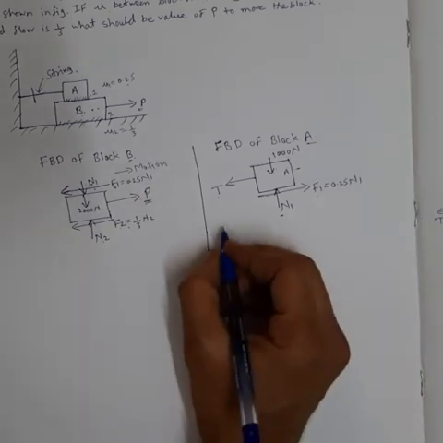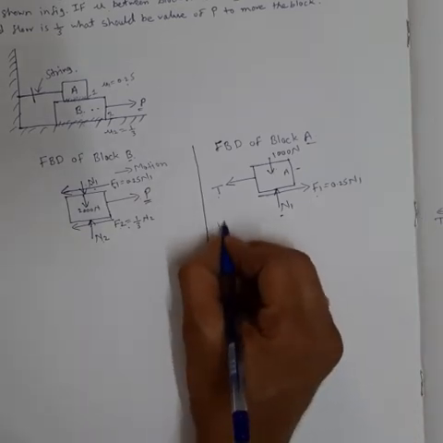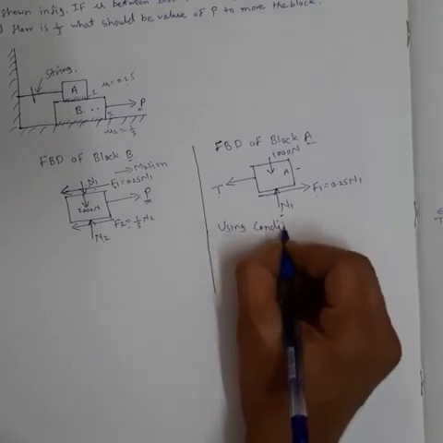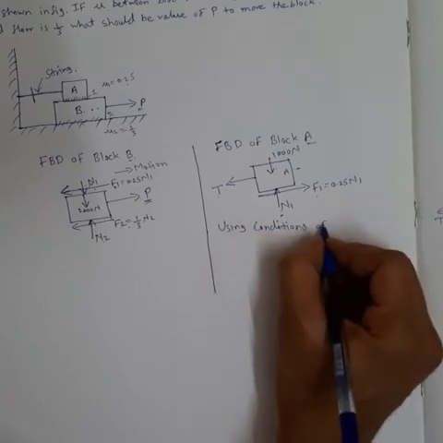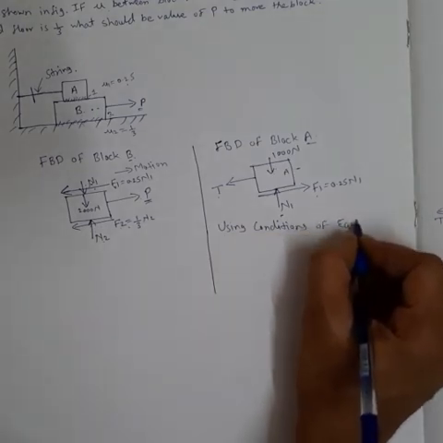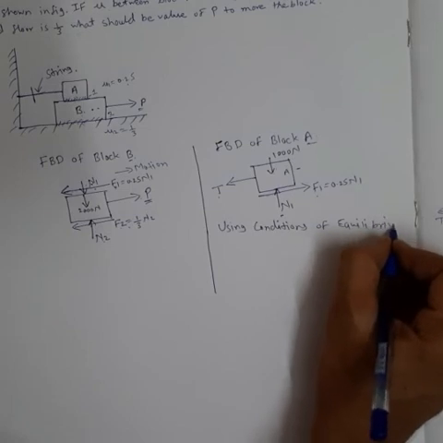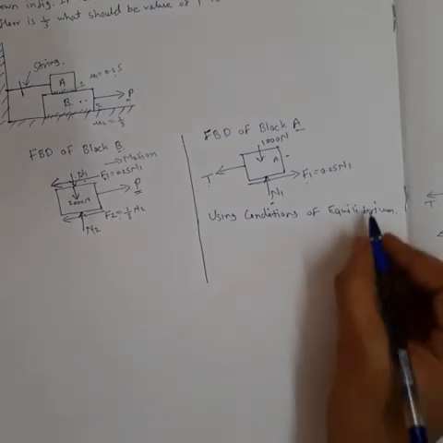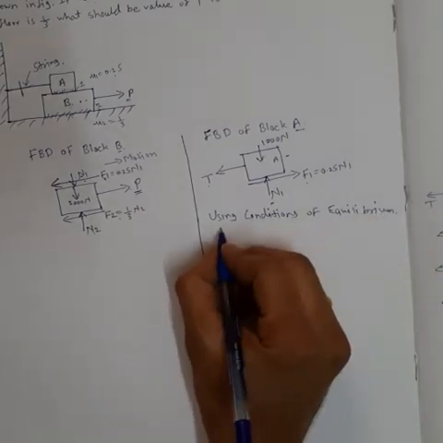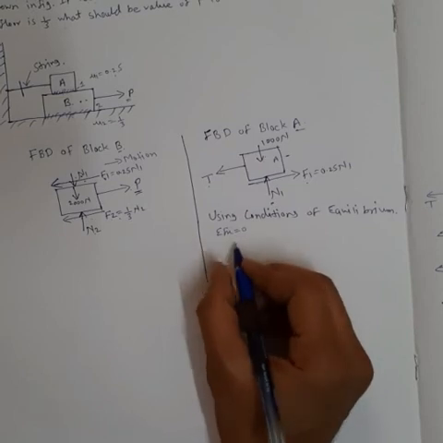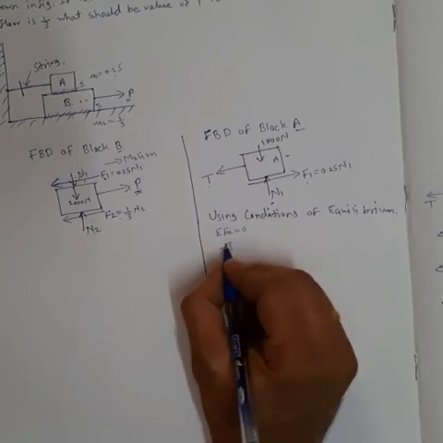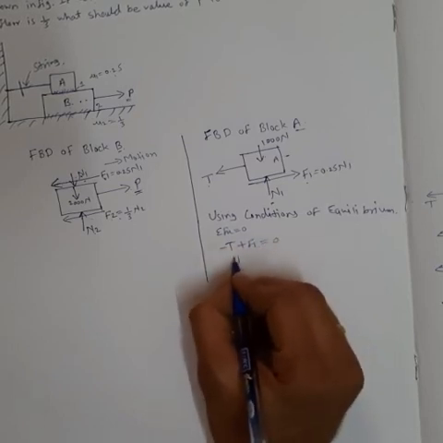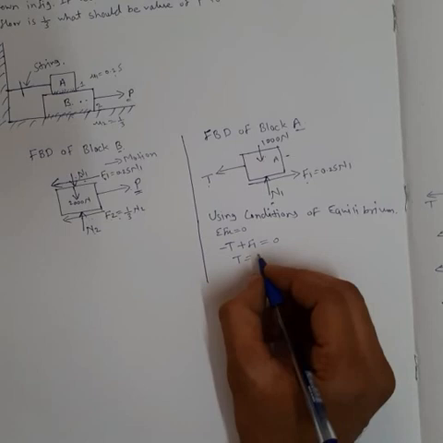So to do that, again here using conditions of equilibrium. So using first condition, summation Fx is equal to 0, so we can write minus T plus F1 is equal to 0, or we can write T is equal to F1.